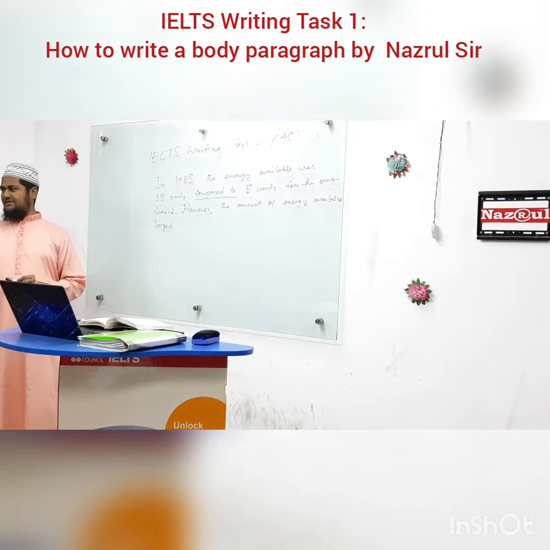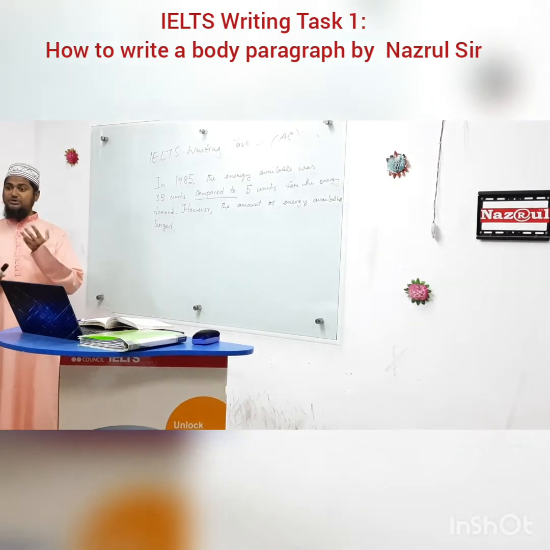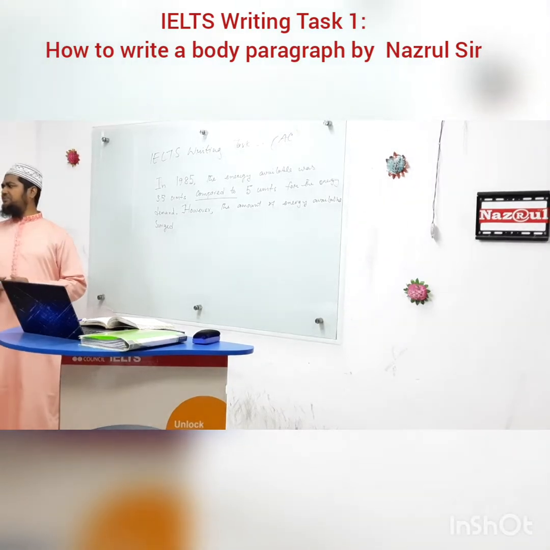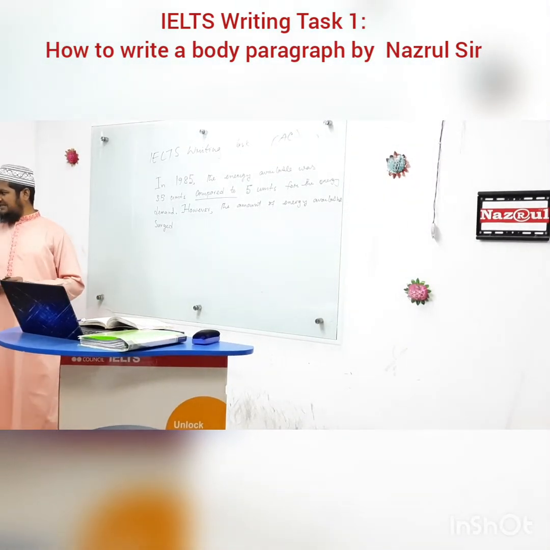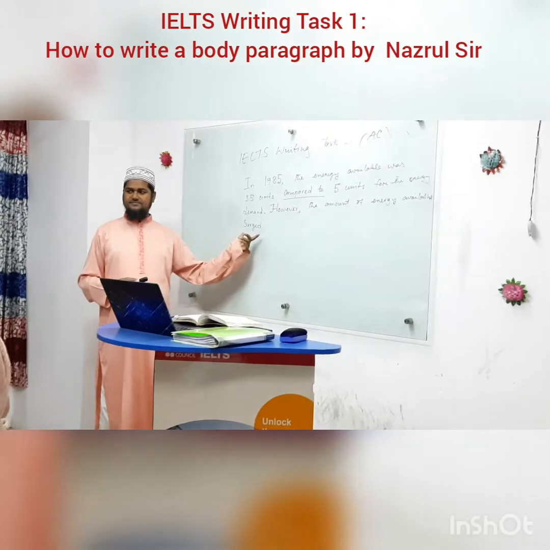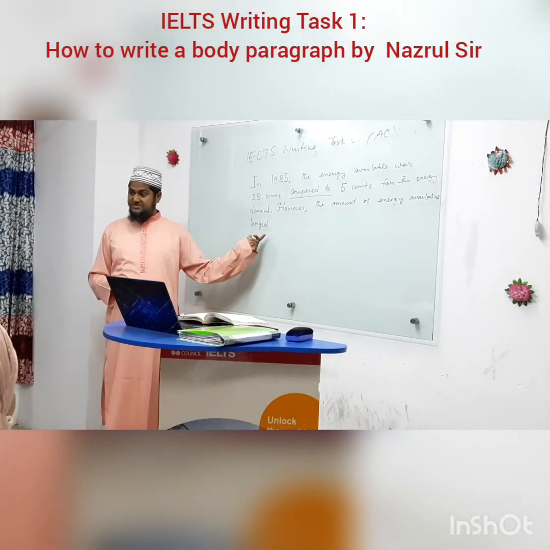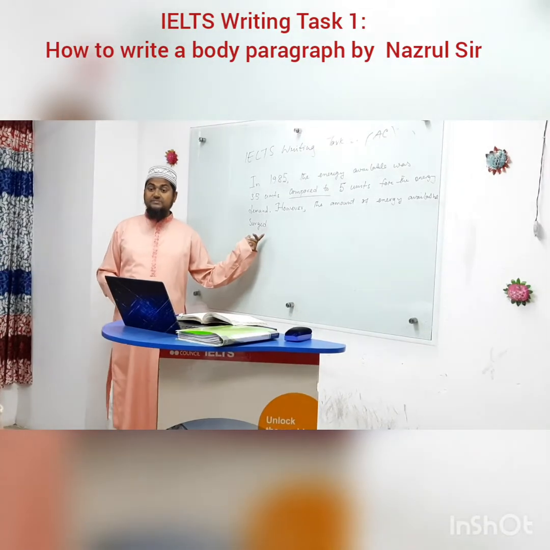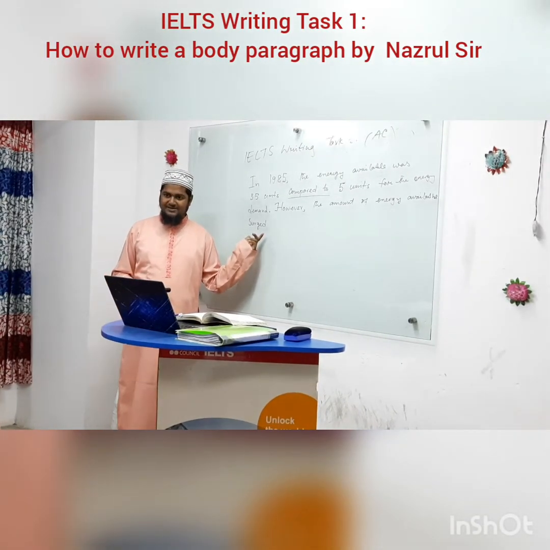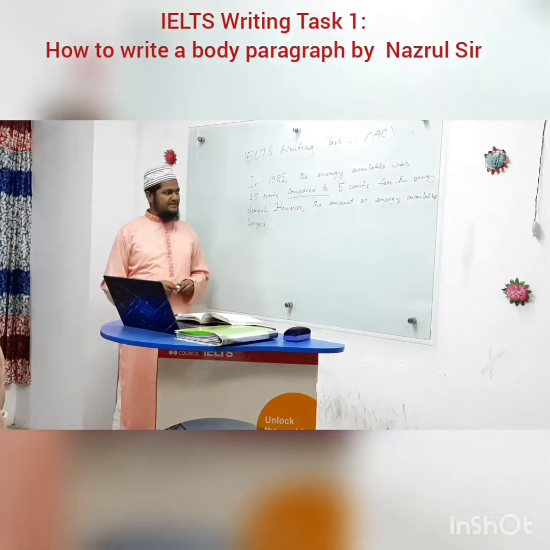Surged means went up very quickly, rapidly, because 1 unit equals 100 billion megajoules, a big quantity. Am I clear? So surged means went up very quickly or rapidly.